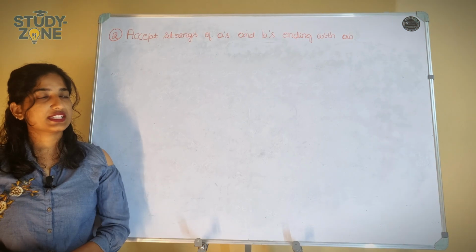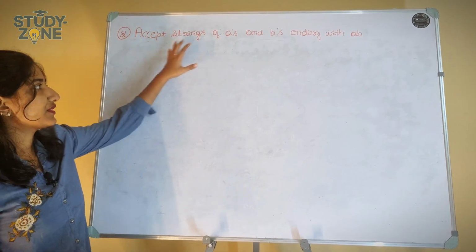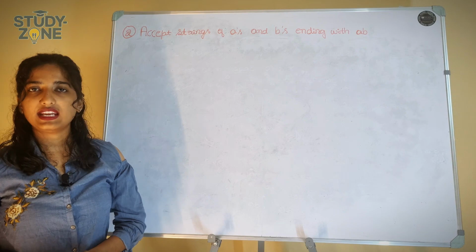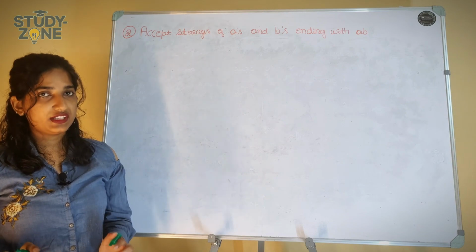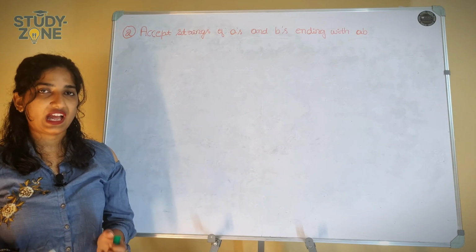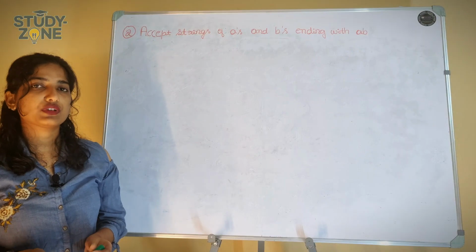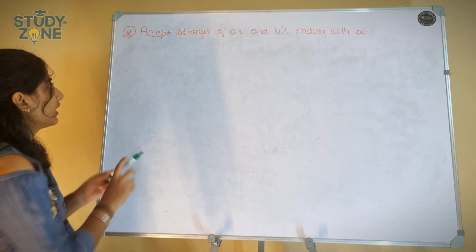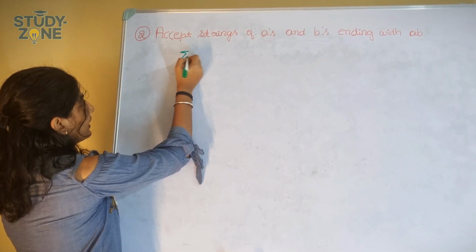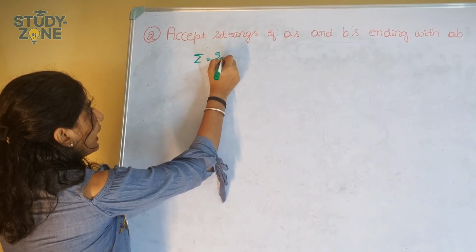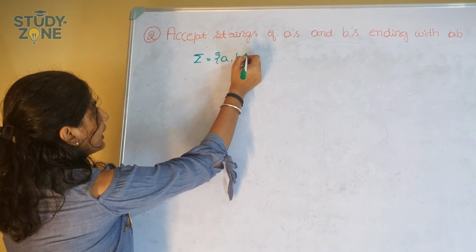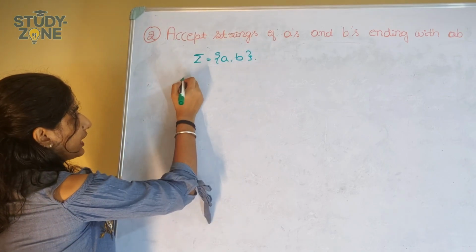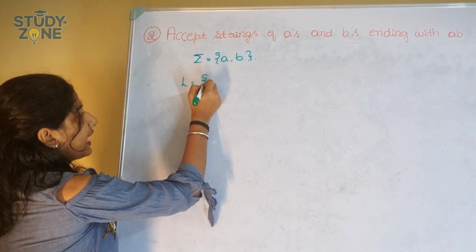So the problem is like this: accept strings of A's and B's ending with AB. Tell me, at first what do we have to write? Yes, we have to write the alphabet, correct? So sigma equals A, B. And then what do we have to write? We have to write the language.